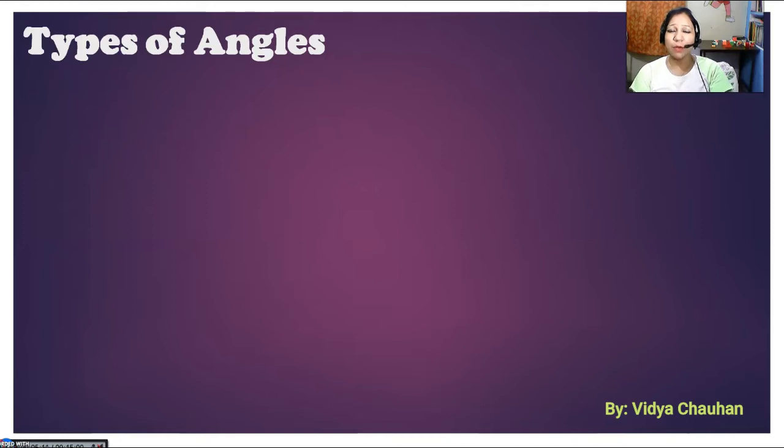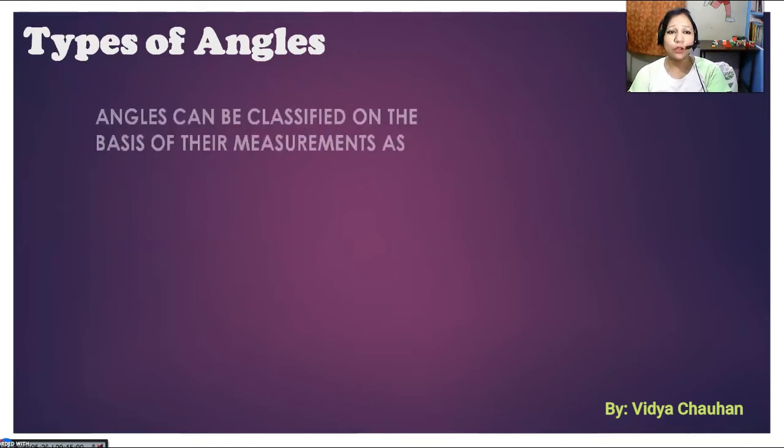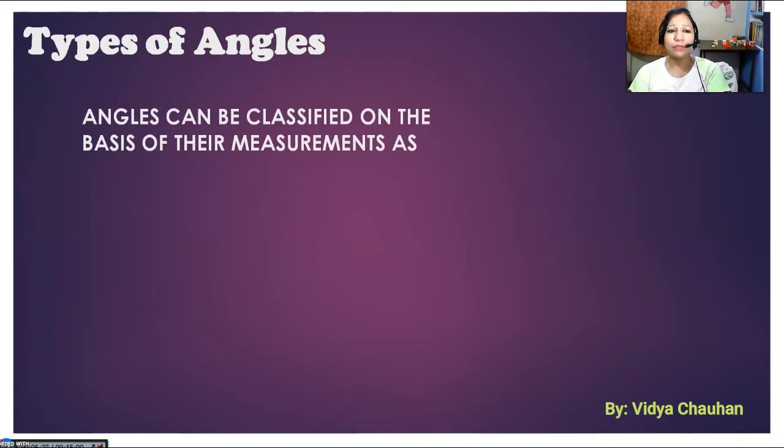Having discussed angles, parts of angles, and the interior and exterior portions, let's move forward with the very important topic of this chapter, which is types of angles. Angles can be classified on the basis of their measurement.